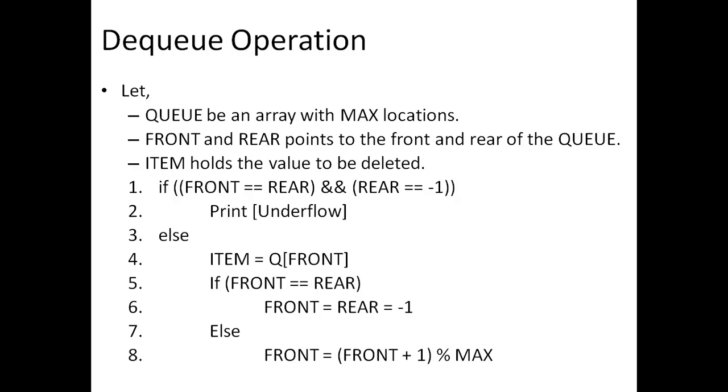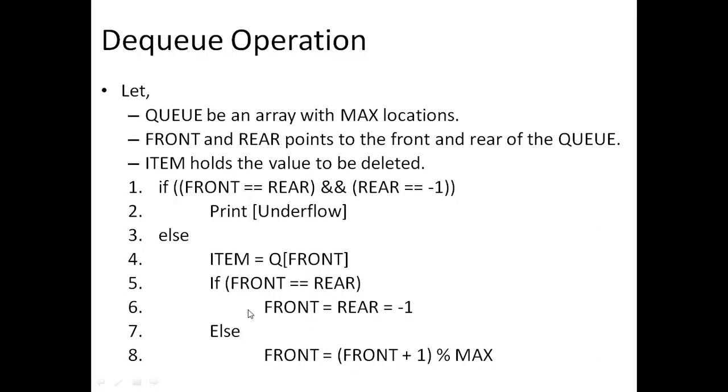In a similar way, we can write an algorithm for the Dequeue operation on circular queues. Again, first we have to check for the underflow condition. If the circular queue is not empty, then we just have to update the front pointer as is done at line number 8. We are updating front to (front plus 1) modulus maximum capacity of the queue.